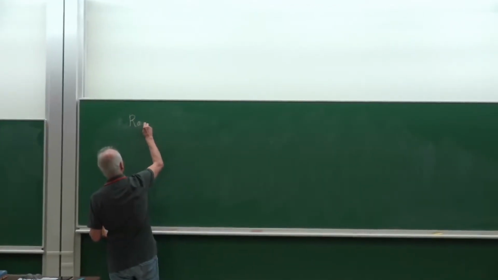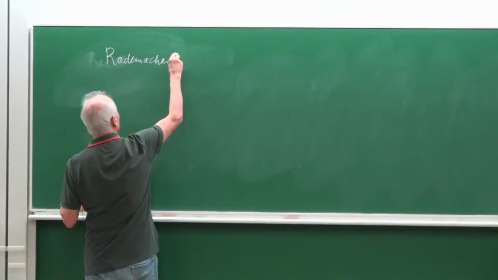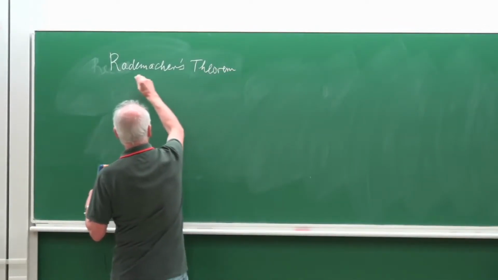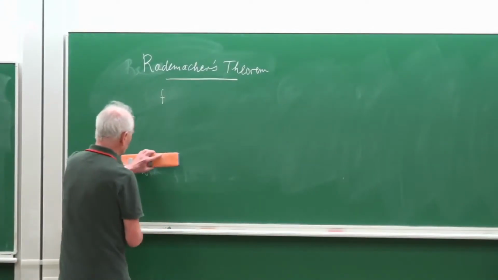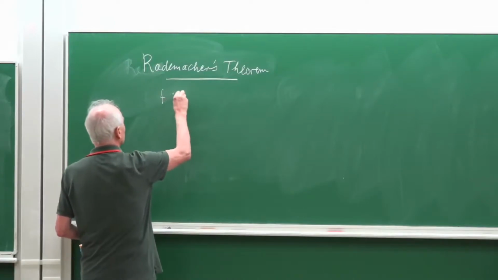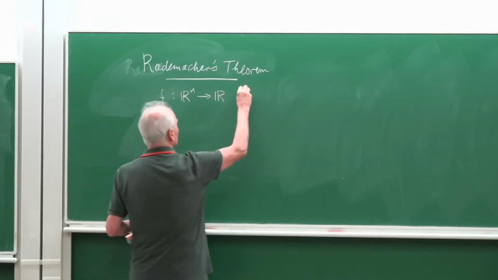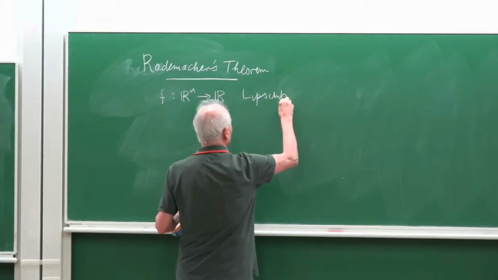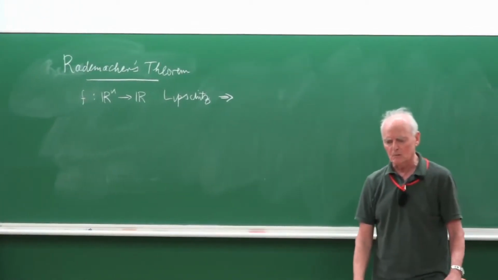Rademacher's theorem simply says that if you take f from R^n to R Lipschitz, then f is classically differentiable almost everywhere.